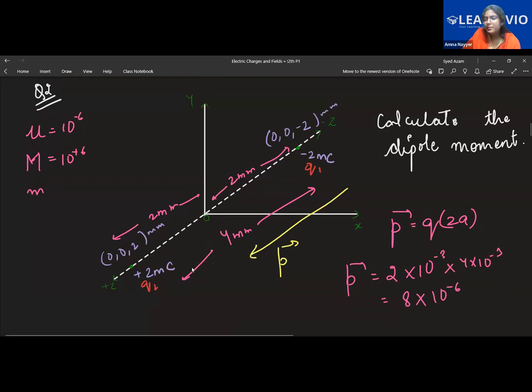Towards positive z-axis means we can write k cap coulomb meter to show its direction. Positive direction, right? But z-axis specifically, because positive x and positive y are also present. And this time we are talking about only z-axis. All of you, please write this question, and we'll then start with electric field and dipole.